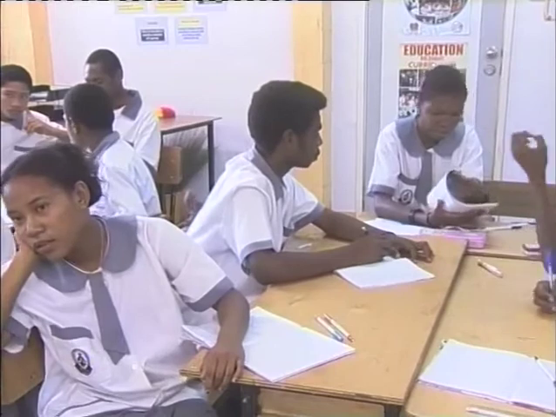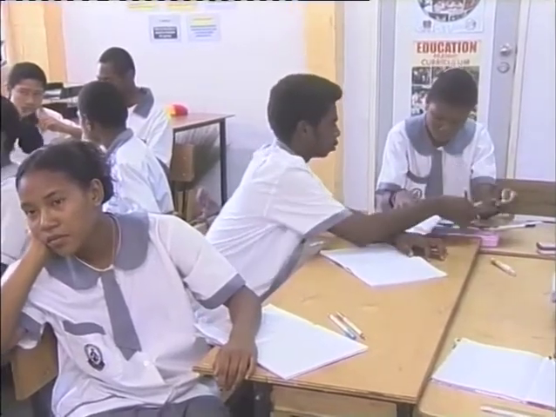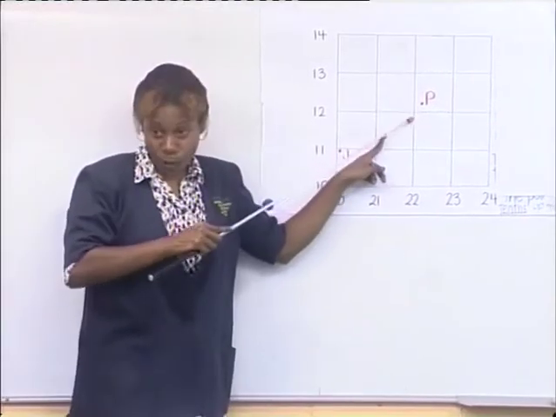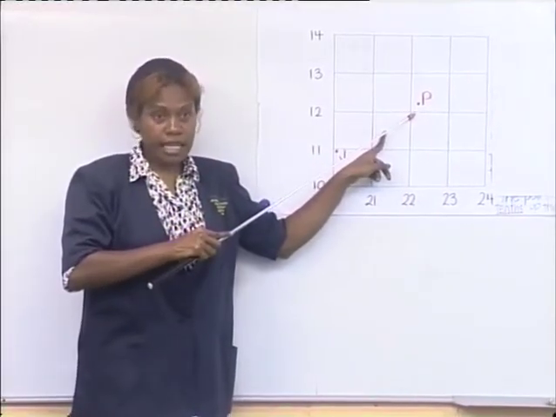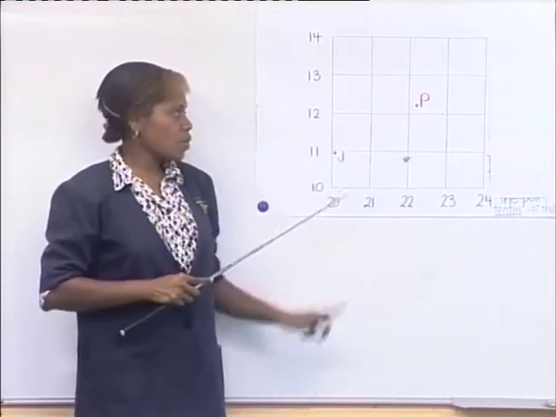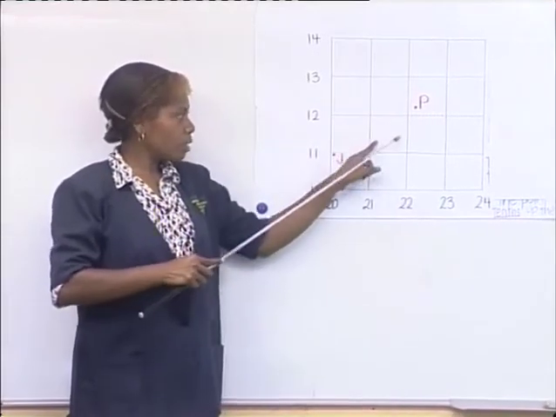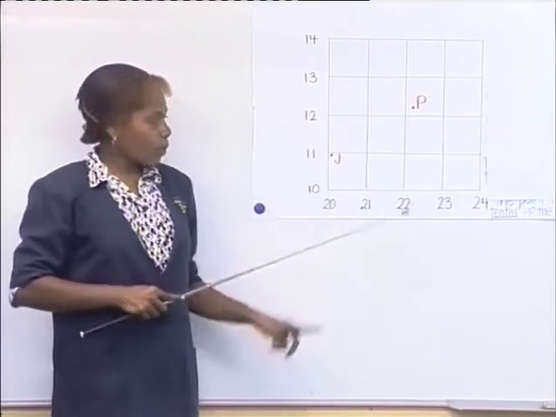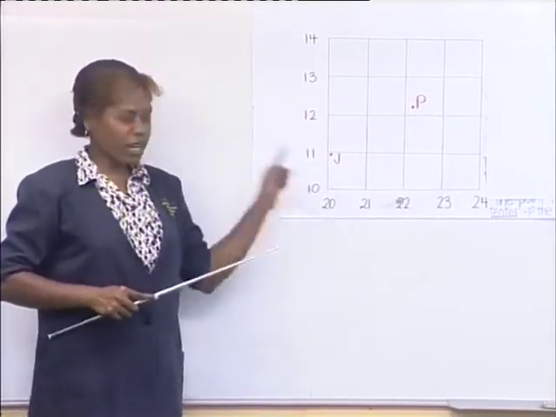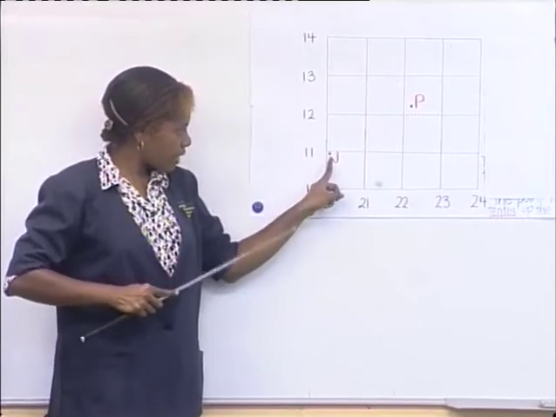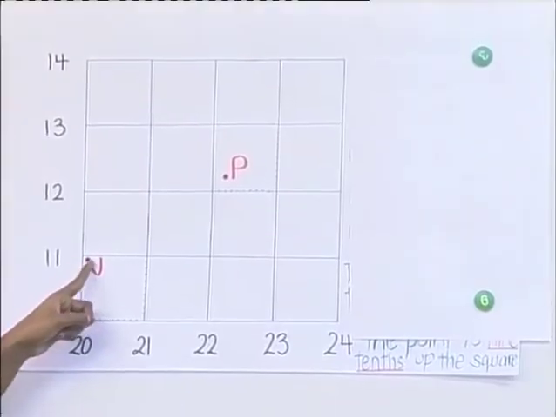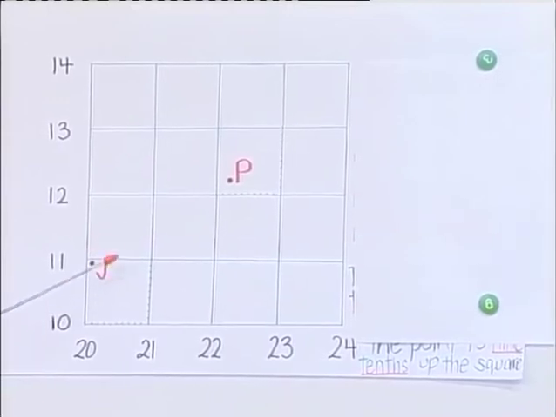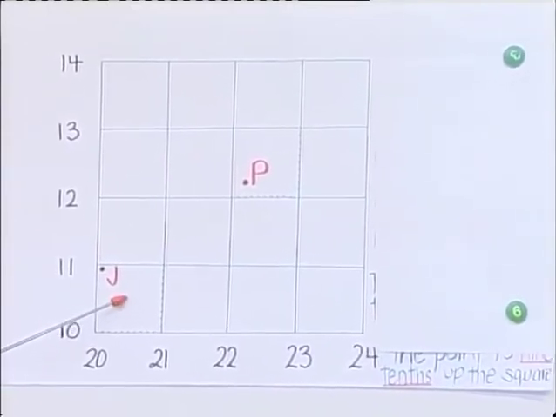Whereas when you're using 4-figure references, the point covered the whole square, so you looked at the bottom left, Easting first, and then Northing. Whereas for this 6-figure reference, you have just a point at a particular position. So this time you're not going to use a 4-figure reference, you're going to use 6-figure reference.